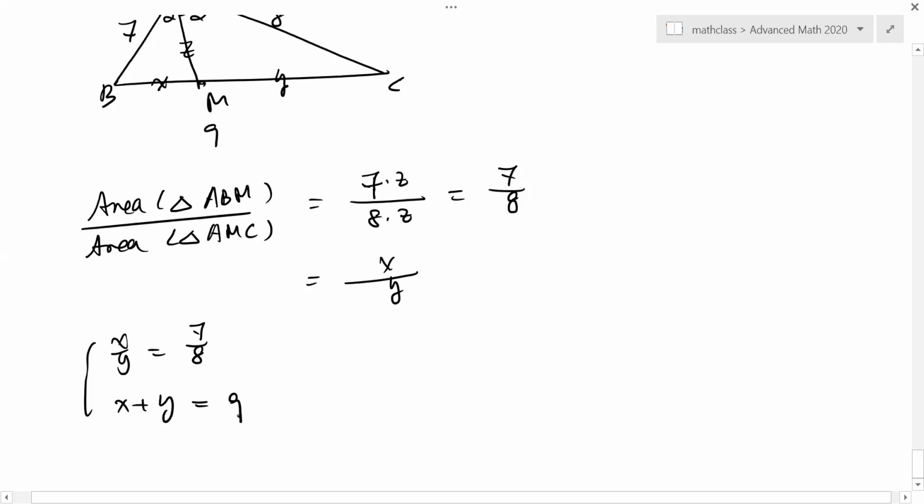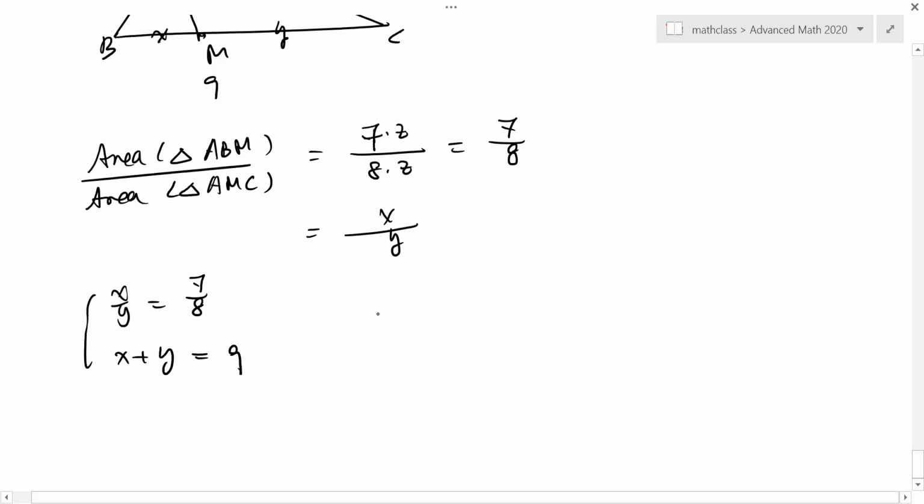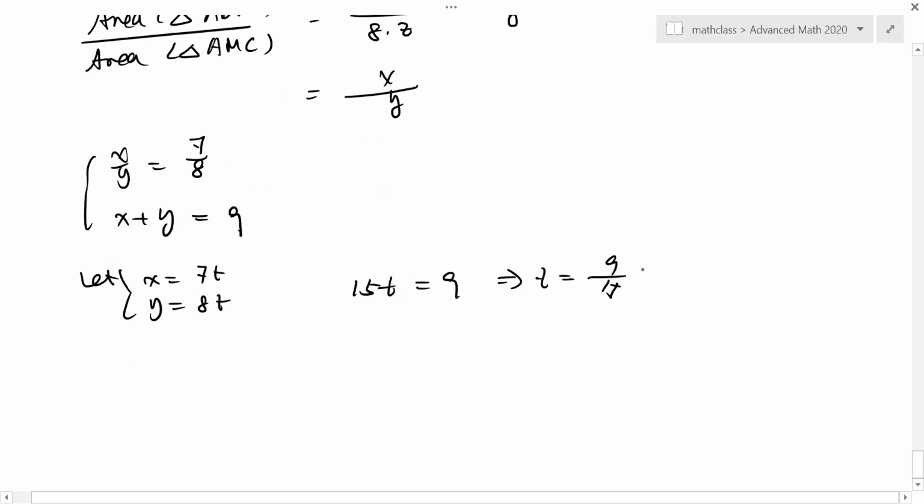If x plus y equals 9, then you can solve the problem quickly. Let x be 7t and y be 8t. Add them together: 7 plus 8 is 15, so 15t equals 9, and t equals 9 over 15, which simplifies to 3 over 5.